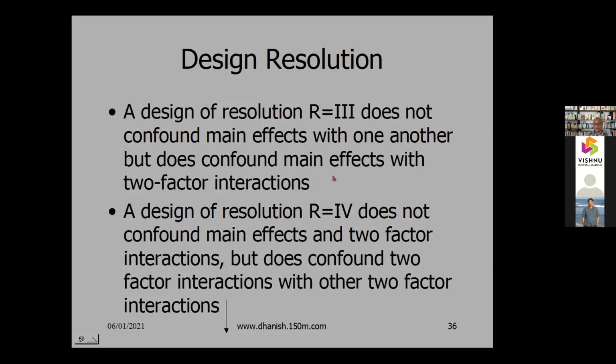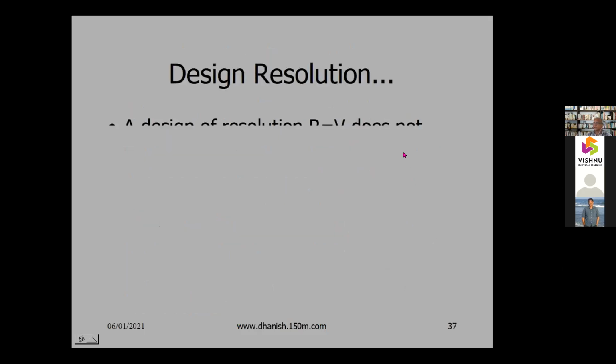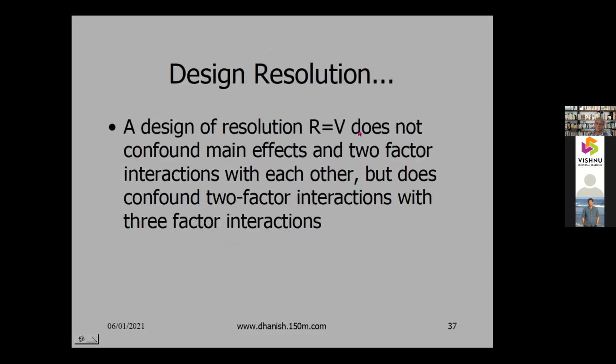So when you choose a design from the table or using software, the Design Expert software will show you certain yellow, green colors, etc. We'll come back to that after explaining this. So we have resolution 3, 4, resolution 5. So how does this 5 come? It does not confound main effects and two-factor interactions with each other, but does confound two-factor interactions with three-factor interactions.